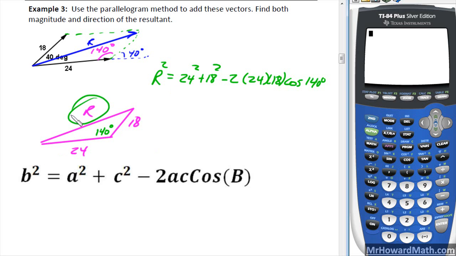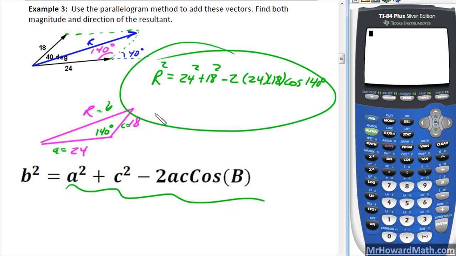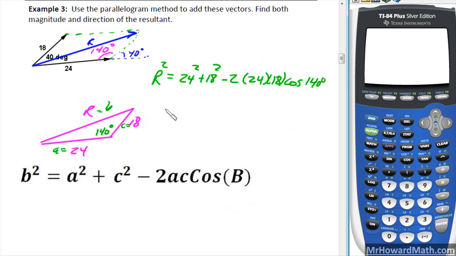So for example, this would be side B, this could be side A, and this could be side C. So all I did is fill that information in right here. That's all I did. Alright, so that means that our resultant is equal to the square root of all of that. So write it again, 24 squared plus 18 squared, subtract 2 times 24 times 18 times cosine of 140 degrees.